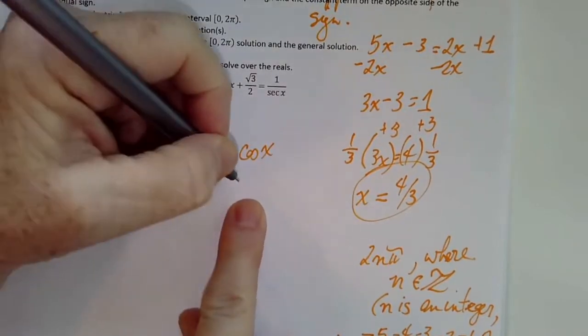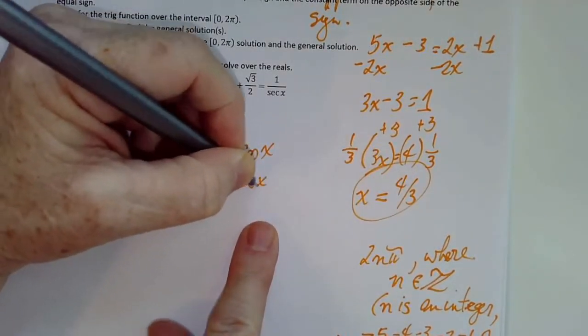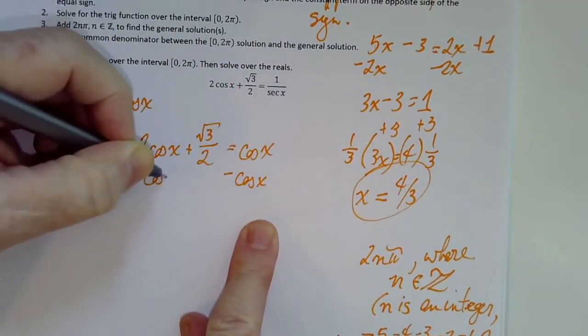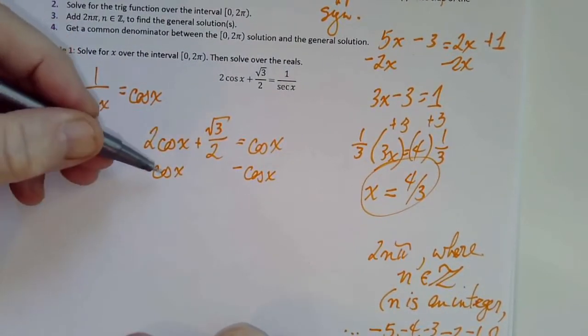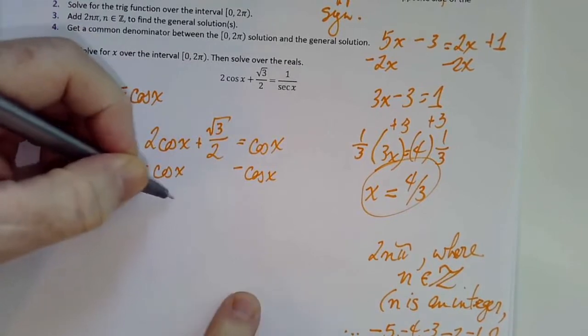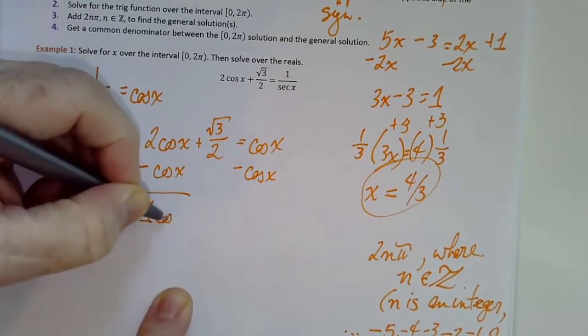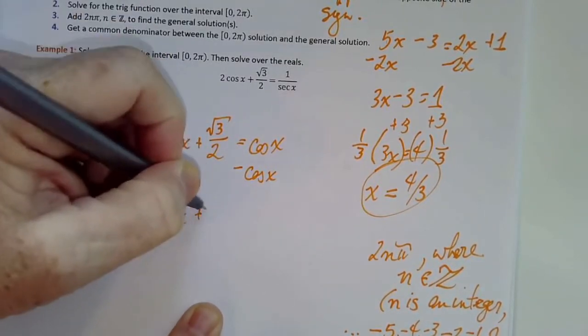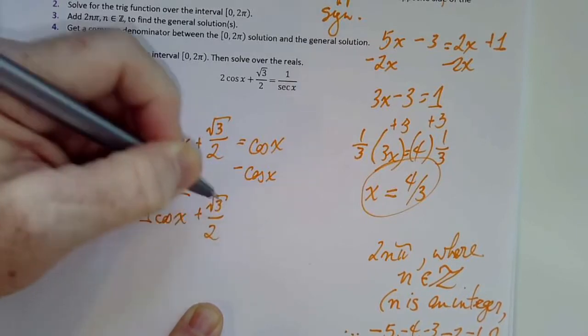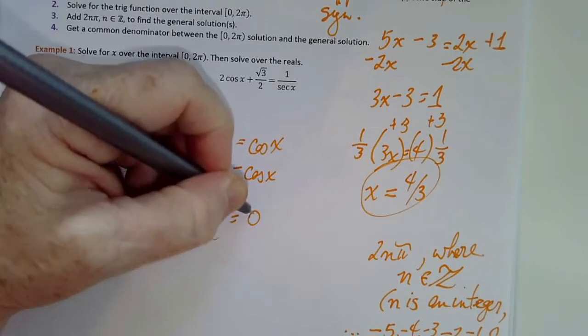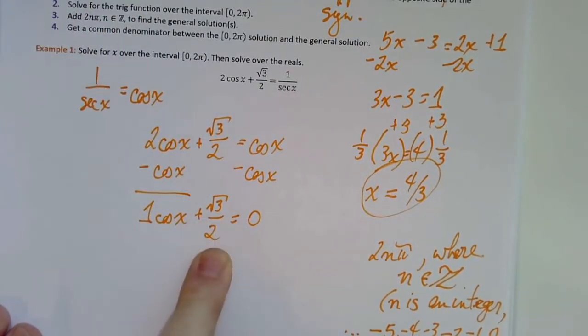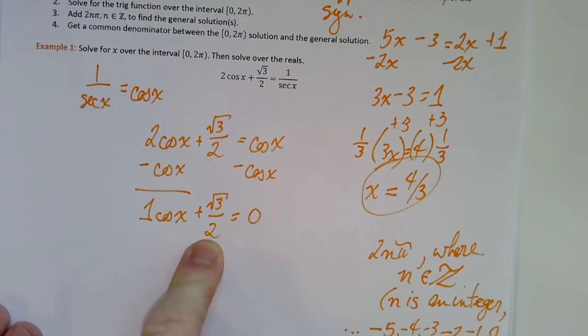Okay, so let's subtract cosine x from both sides. 2 cosine x minus 1 cosine x is 1 cosine x. And we still have plus square root of 3 over 2. On the other side of the equal sign, we have 0. Now I want to move this constant term, square root of 3 over 2, to the opposite side of the equal sign from the trig function.